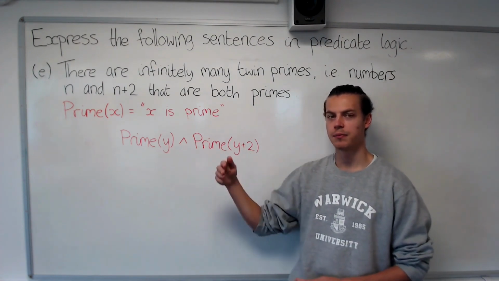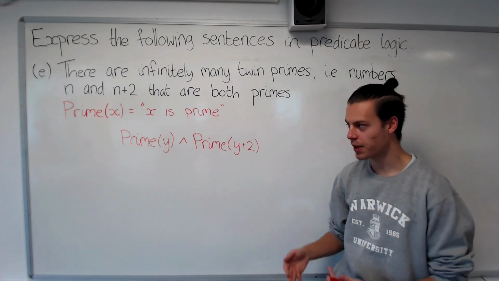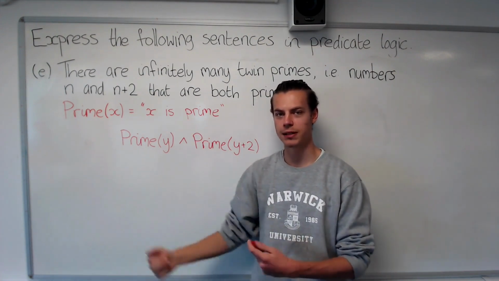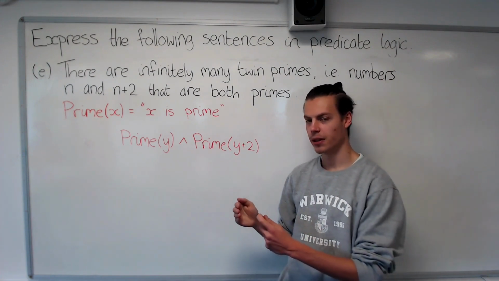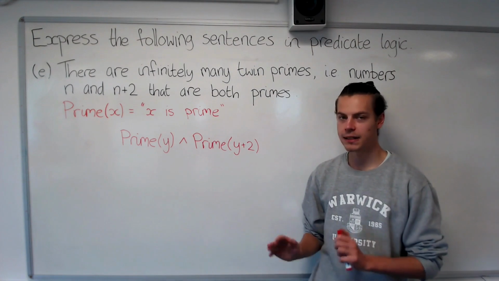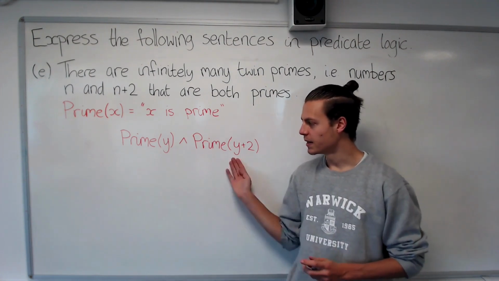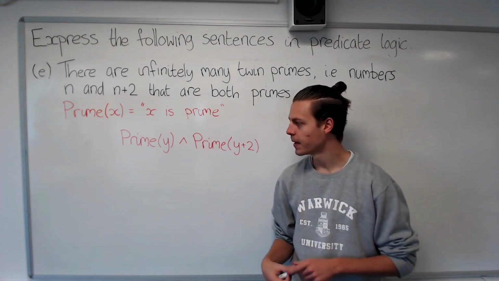And then that shows that the list goes on and on infinitely, right? Because if you think you found the last twin prime, no, there is one greater. At least one greater. And then you look at that one and you see there's another one greater still. So that really does show that there are infinitely many, if you say that for any such twin prime, there is one that is greater.